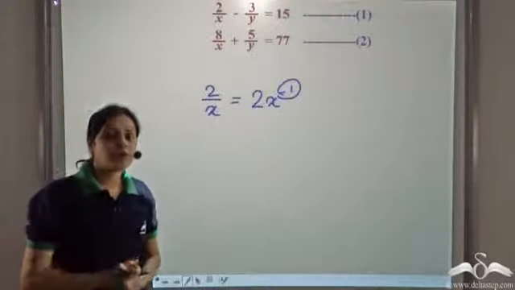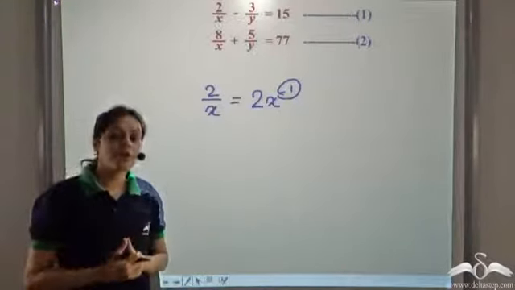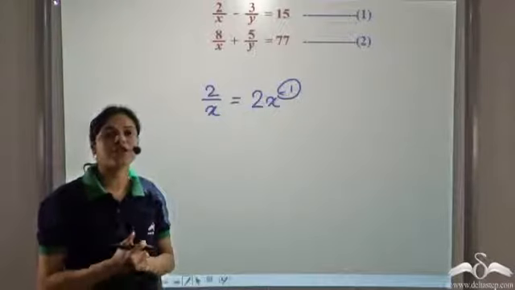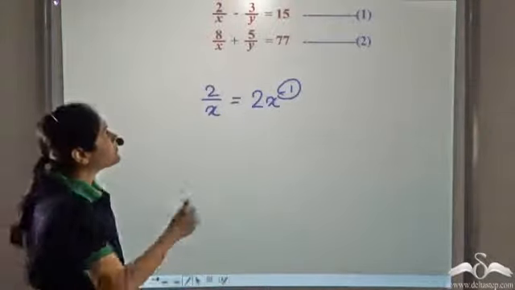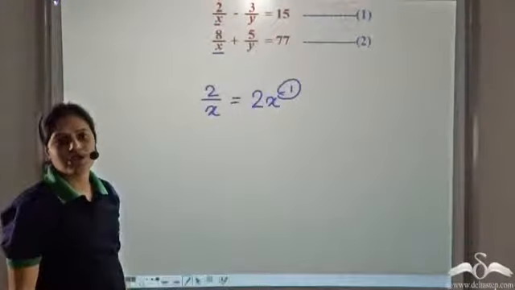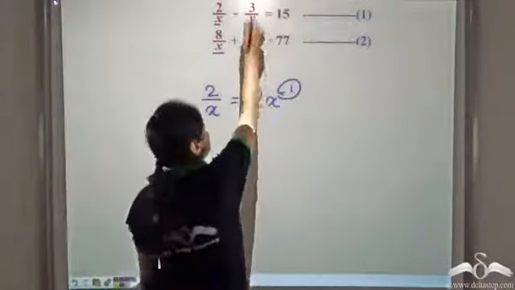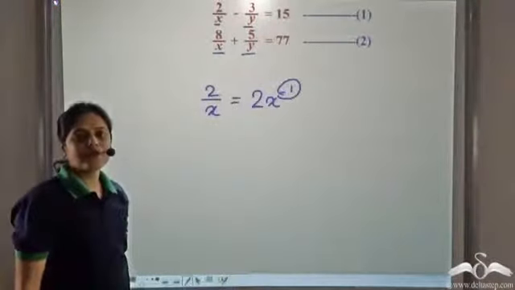Well, we can solve them if by some way we can transform them to linear equations in two variables. Let us see if we can do that. We have x in the denominator in both the equations. Also, in the second term, we have y in the denominator.